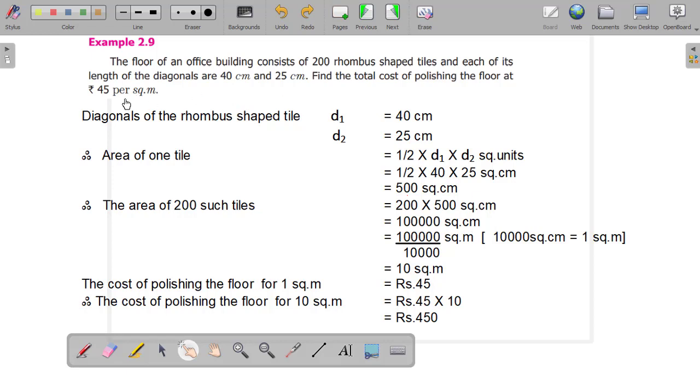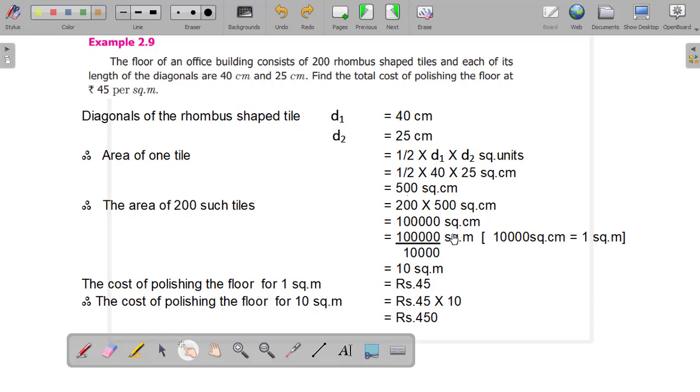Just listen. Here, the cost is given only per square meter. So, we have to convert the area into square meters. For that, we will use the relationship between square centimeter and square meter. How many square centimeters is equal to 1 square meter? 10,000 square centimeters is equal to 1 square meter.